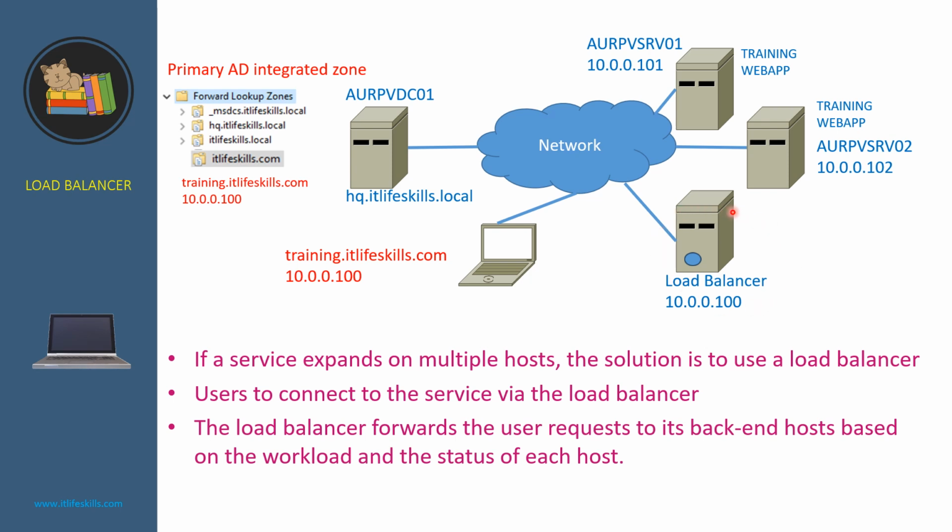Upon receiving the request, the load balancer will check the status of server 1 and server 2, and in this case, it finds server 1 has better performance, so it forwards the user request to server 1.